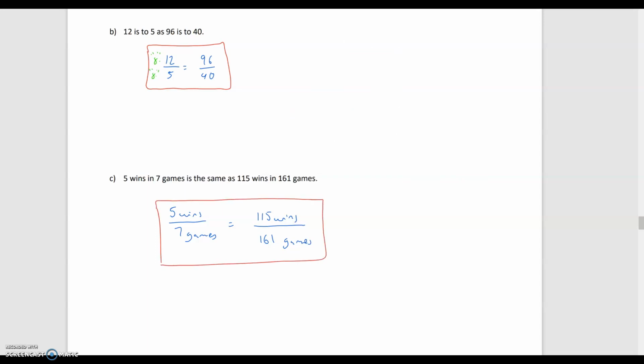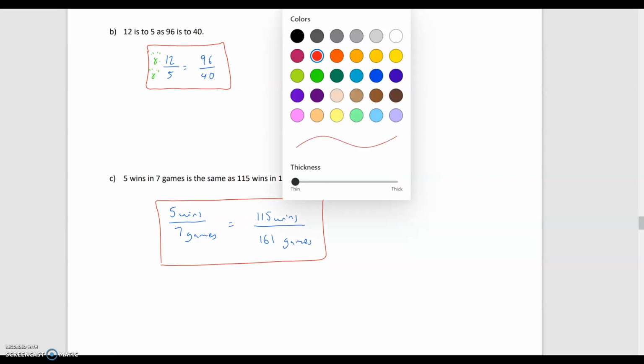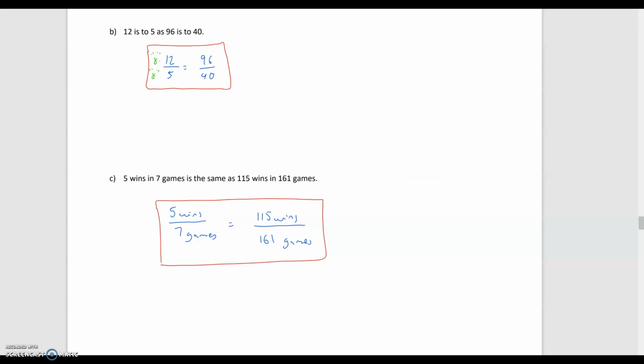In this case, let me quickly check it, but we're looking at 23. So multiplying top and bottom by 23 is what gives the proportion. Give me a minute, let me just double check it. Yeah, we're good. That would be the proportion.